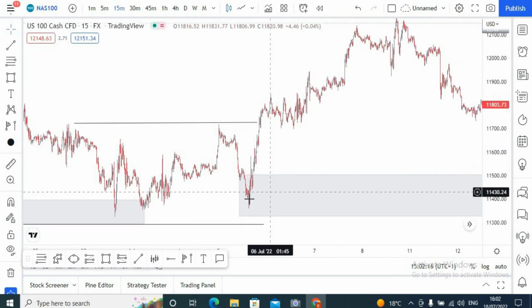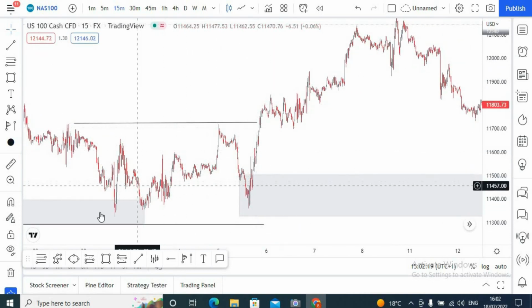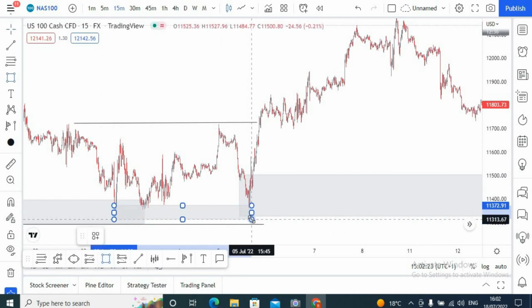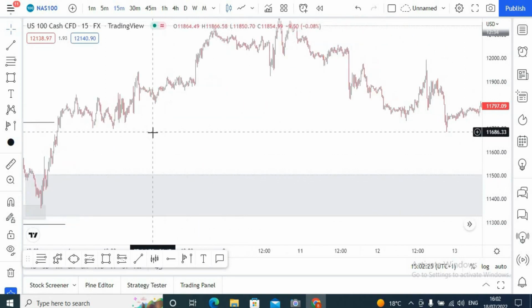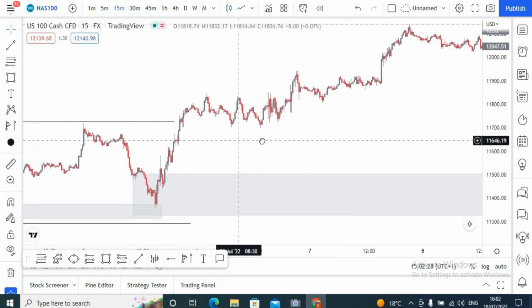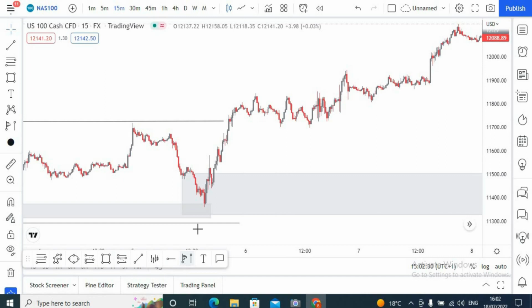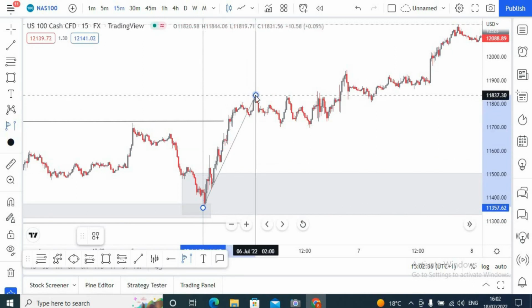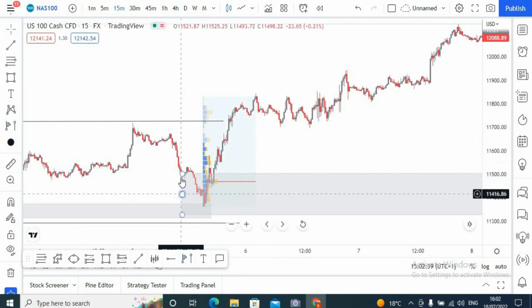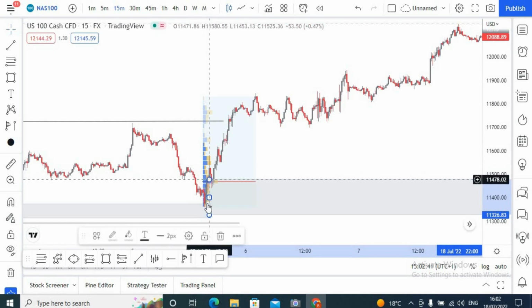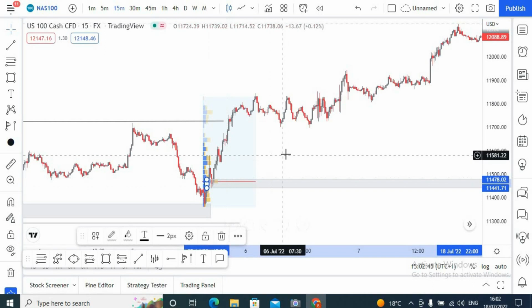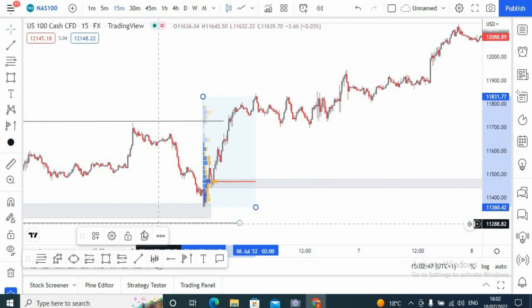So this major base area was taken out, and you can see this order block was mitigated right there, right, as you can see. So if you find something like this, we also use a fair value, a volume profile. We mark the high, we mark the low. This will help you to understand where the orders are at, right? So this is where the orders are at right there.